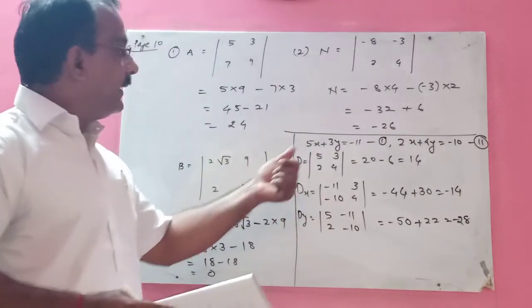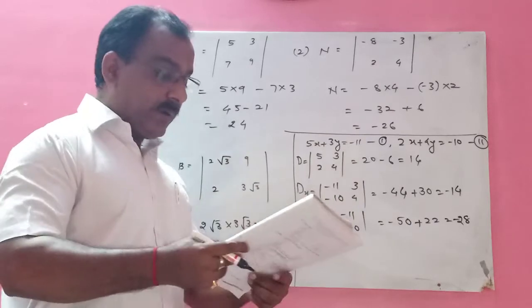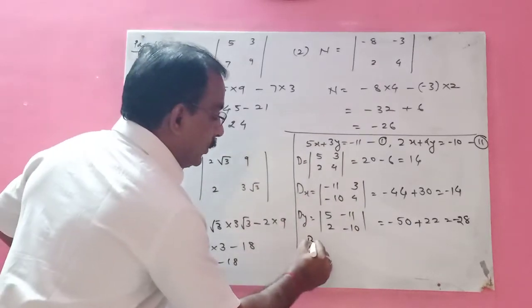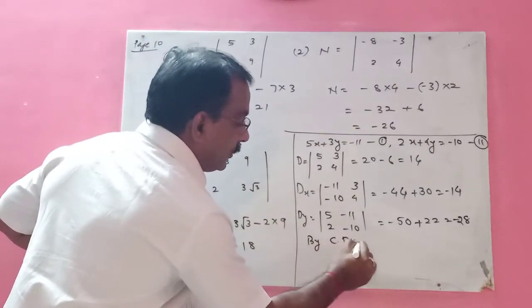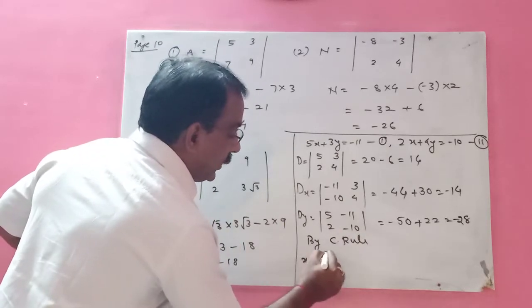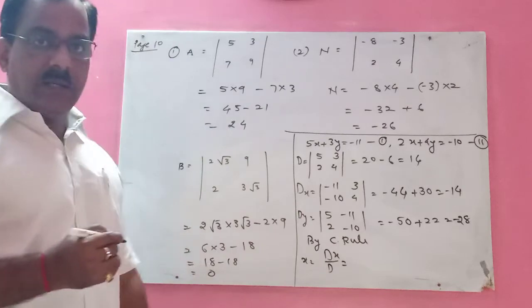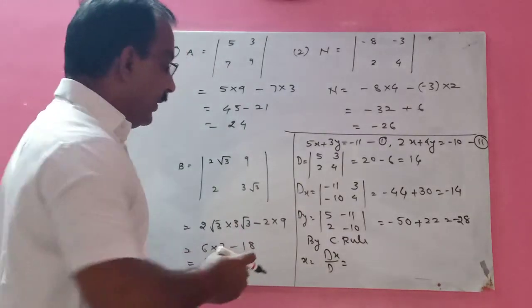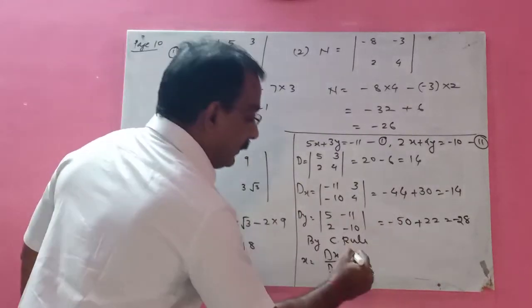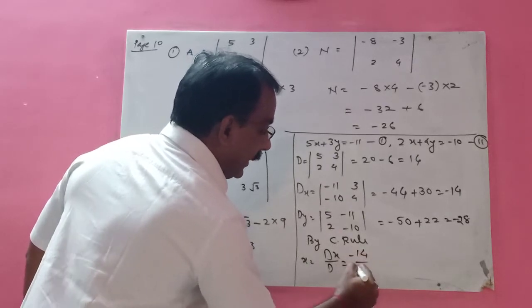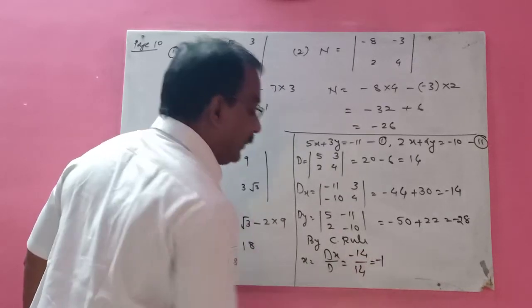But we have to find out x and y. So what will you write here? By Cramer's rule, x is equal to dx upon d. This is the formula to find x by Cramer's rule, children. What is the value of dx you got here? Minus 14 upon 14. So this is equal to minus 1.